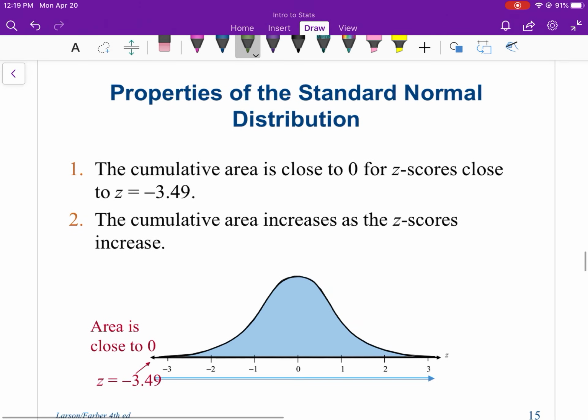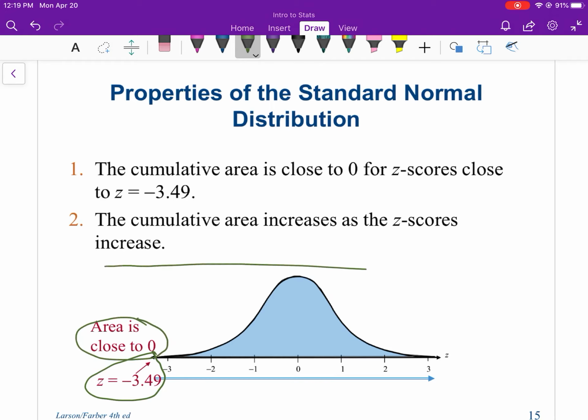What they're telling you in this slide is that you read these areas from the left to the right. We start over here with a z-score of negative 3.49. That's roughly the z-score on the very left, and that area is going to be 0. As I move this way, the area gets bigger, so the cumulative area increases as we go across.